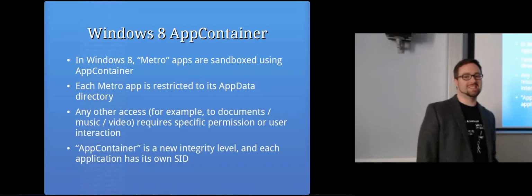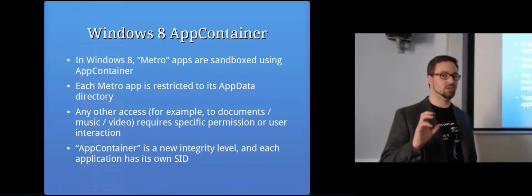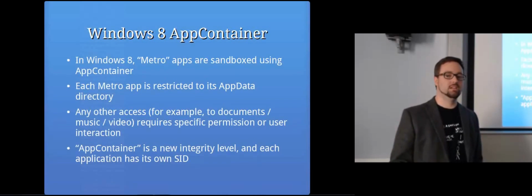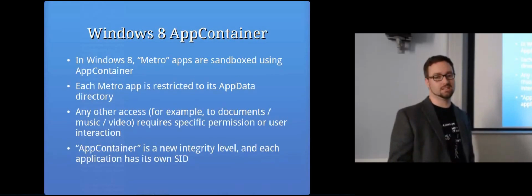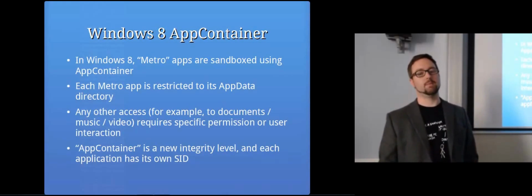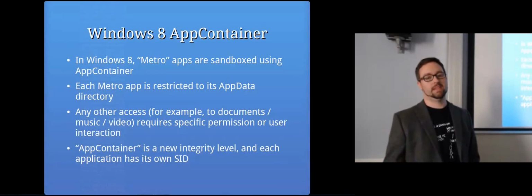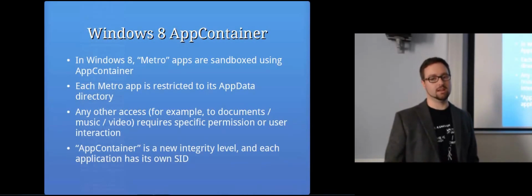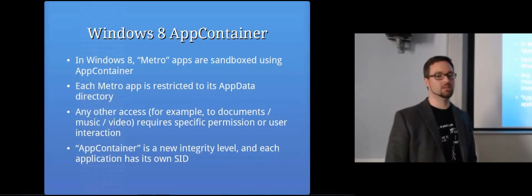So starting in Windows 8, we have app containers. If you've got a Metro app or a modern application, the really ugly ones, they're sandboxed using an app container. Every individual app is restricted to its own app data directory, and any other access to documents or media or anything requires specific permission or user interaction.